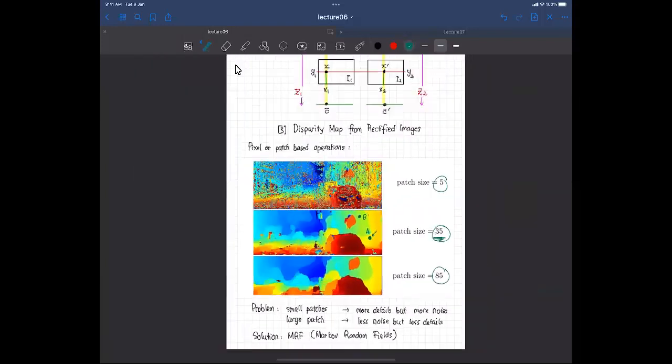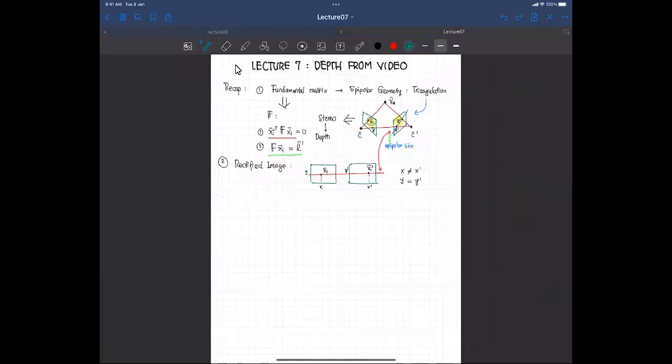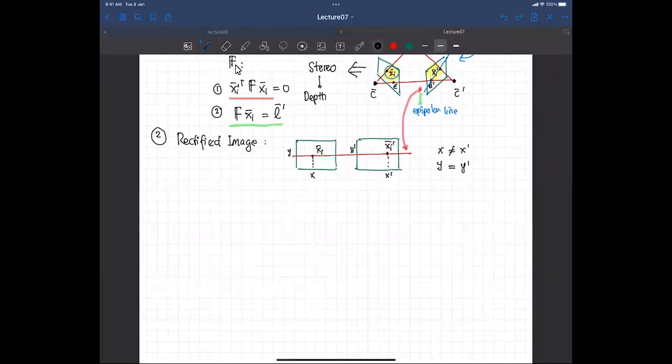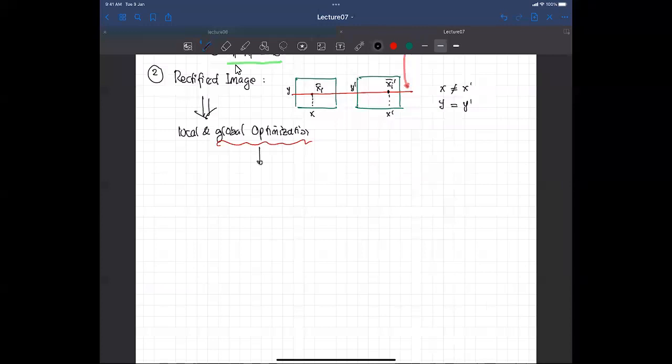As you remember what we discussed, so that's the motivation there: local and global optimization. And we prefer to have global optimization, right? And in order to have this global optimization, we learn about Markov random field. This Markov random field is part of graphical models.